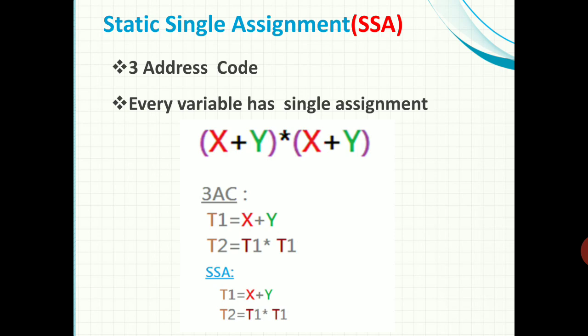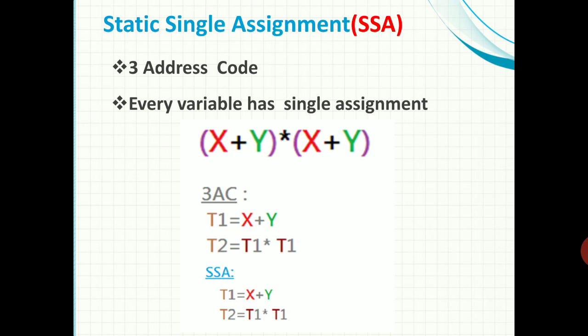So T1 has only one assignment in this three address representation. So it is in the SSA representation also. So there is no modification in the first line because T1 has only one assignment, or one meaning.